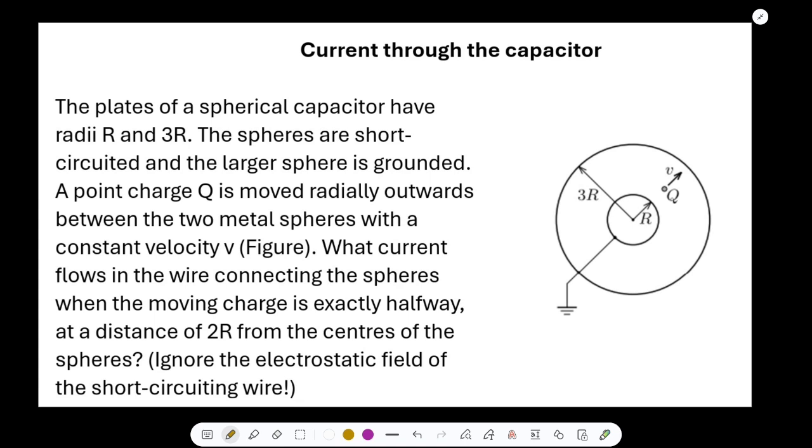Fortunately, the determination of the charge distribution can be avoided, as we will see in the solution we are going to do.